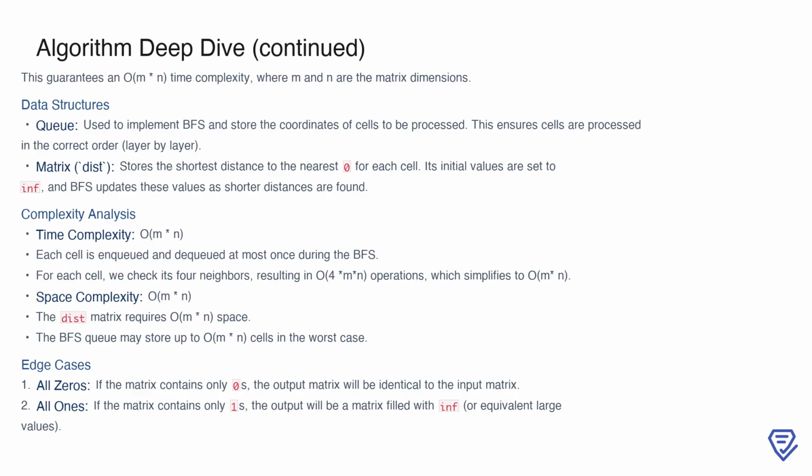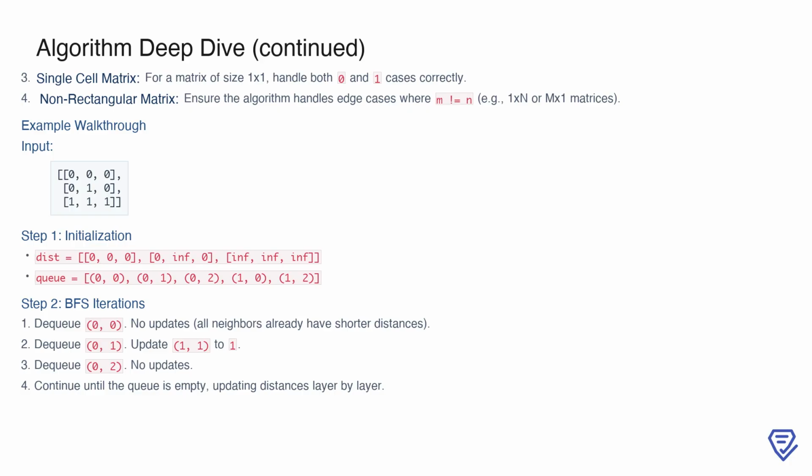The algorithm is robust enough to handle edge cases, such as matrices that contain only zeros or only ones. For instance, a matrix with all zeros will result in an output identical to the input, while a matrix with all ones will return a result filled with infinity or equivalent large values, indicating no zeros are present to calculate distances. The algorithm also accommodates other edge cases, such as a single-cell matrix.